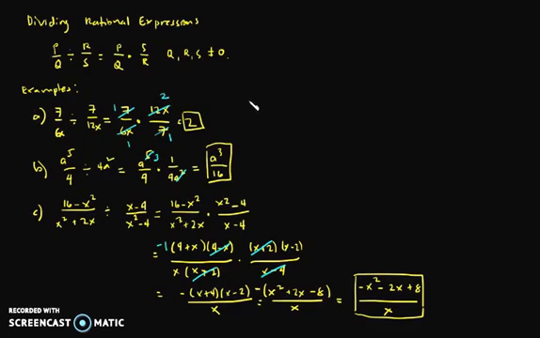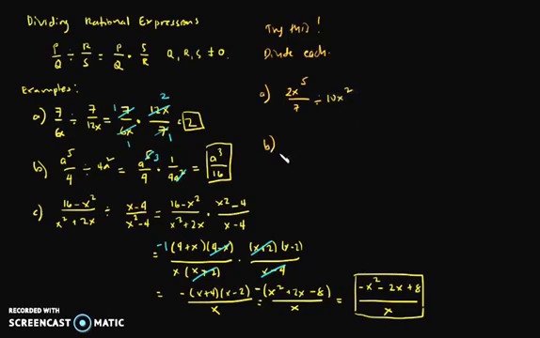Now we proceed with your self-regulated learning. Divide each. Again, try this part. For letter A, you're given 2x to the 5th over 7 divided by 10x squared.